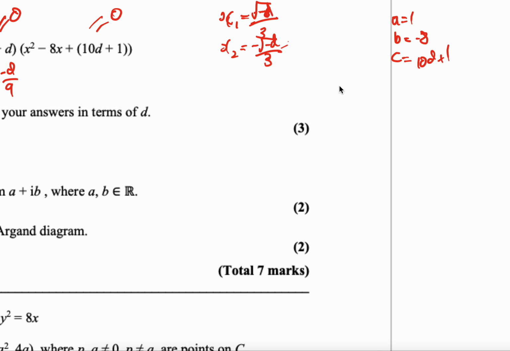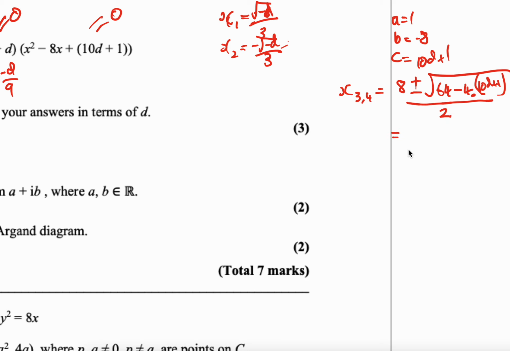So the solutions for x3 and x4 are negative b plus or minus the square root of b squared minus 4ac, all divided by 2a.